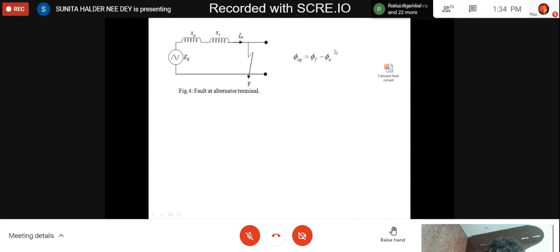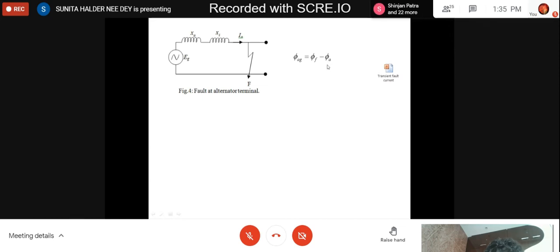So obviously it will not aid the armature reaction flux. That means actually it is aiding the field flux. So you may see field winding and damper winding are making a team, so that the induced EMF or the air gap flux may be kept constant against a huge increase in armature reaction flux.